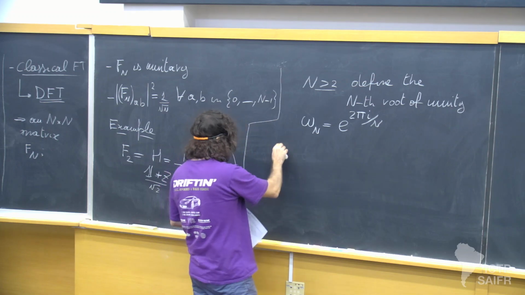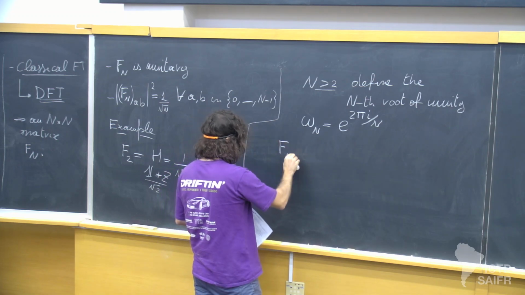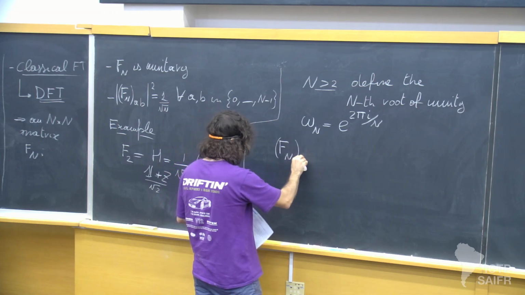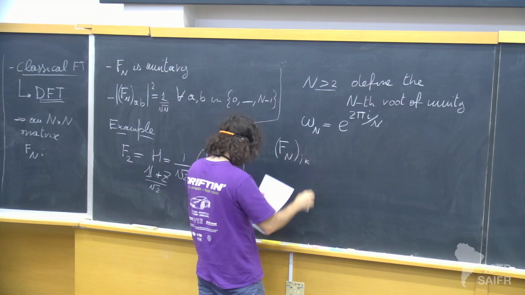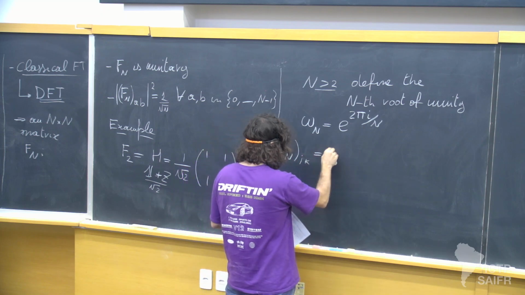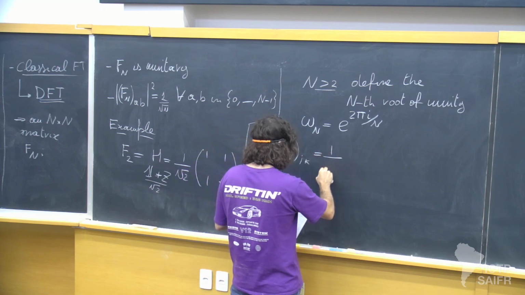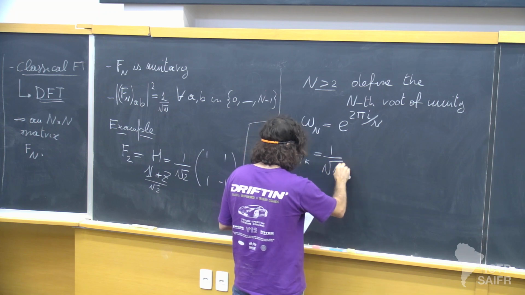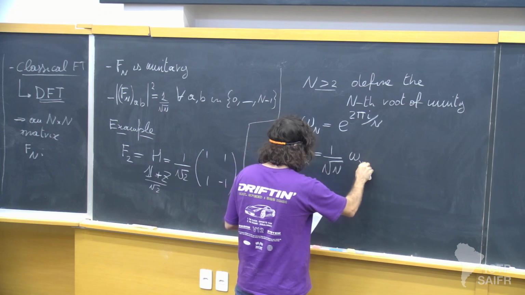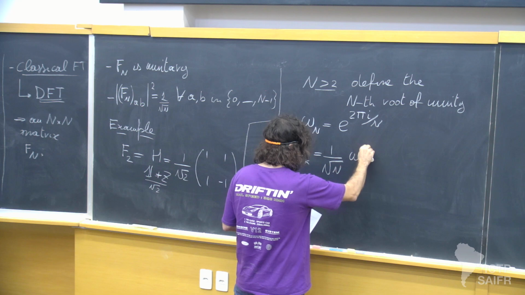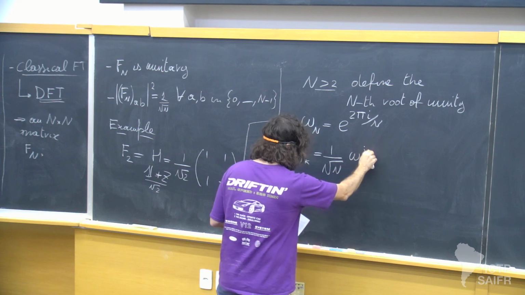And then we can define Fn component jk equal to 1 over square root of n times omega n to the power j times k.